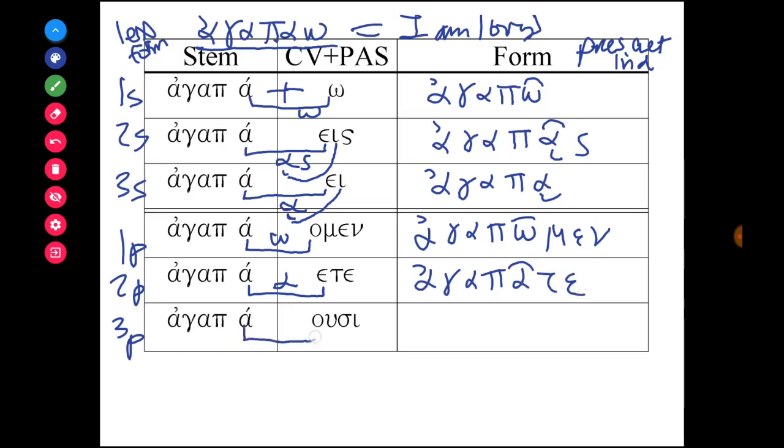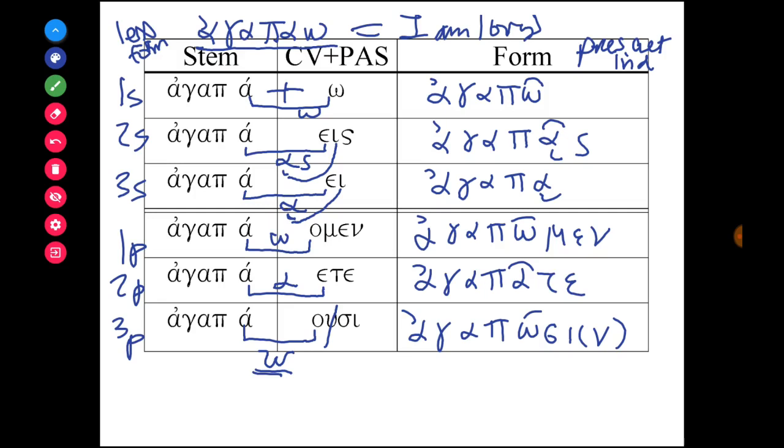And alpha plus omicron is omega. And as soon as you get that omega, then all the other vowels drop because this is such a strong long vowel. And so they are loving is agapo, si, or sin. So these are the present active indicative forms for agapao.